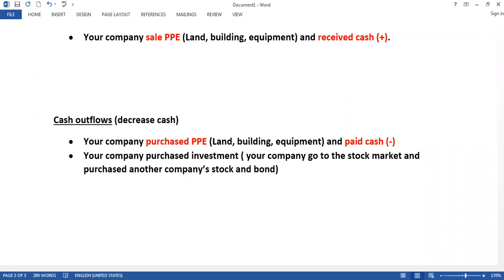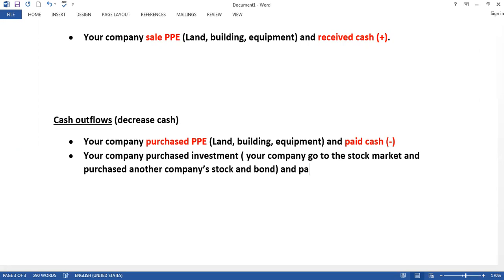So what is the meaning? It means that your company go to the stock market and purchased another company's common stock, another company's preferred stock, or another company's bond. And when you go to the stock market, you have to pay cash immediately.